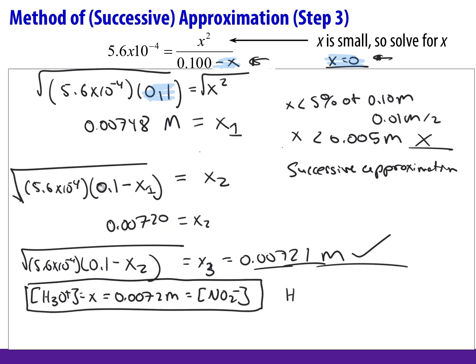My concentration of HF, if I need that, is equal to 0.1 minus that 0.0072, which is 0.0928. I guess 0.093 to 2 sig figs there.